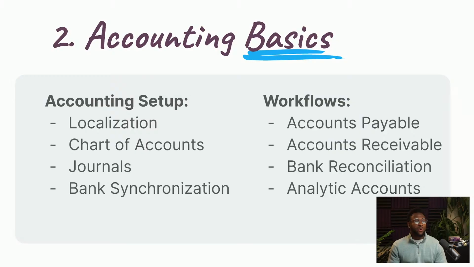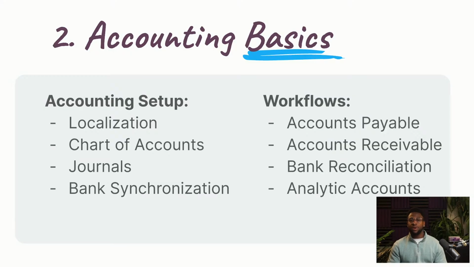Now, if we look at some of our basics, we're going to be talking about the localizations, how we could set it up based on where you're located, setting up our different charts of accounts, and how Odoo will do that for us. We'll have the option to either import our own current chart of accounts or use the ones provided by Odoo that come out of the box.